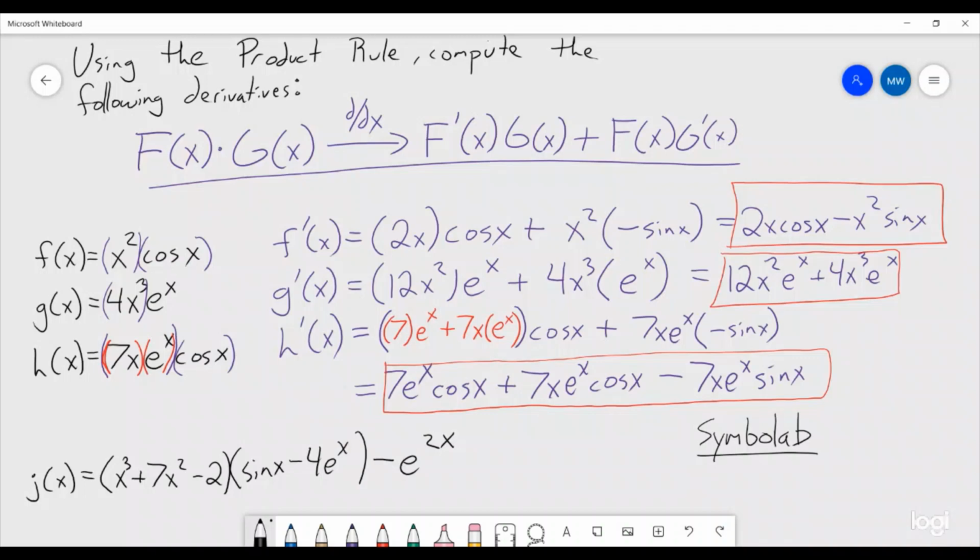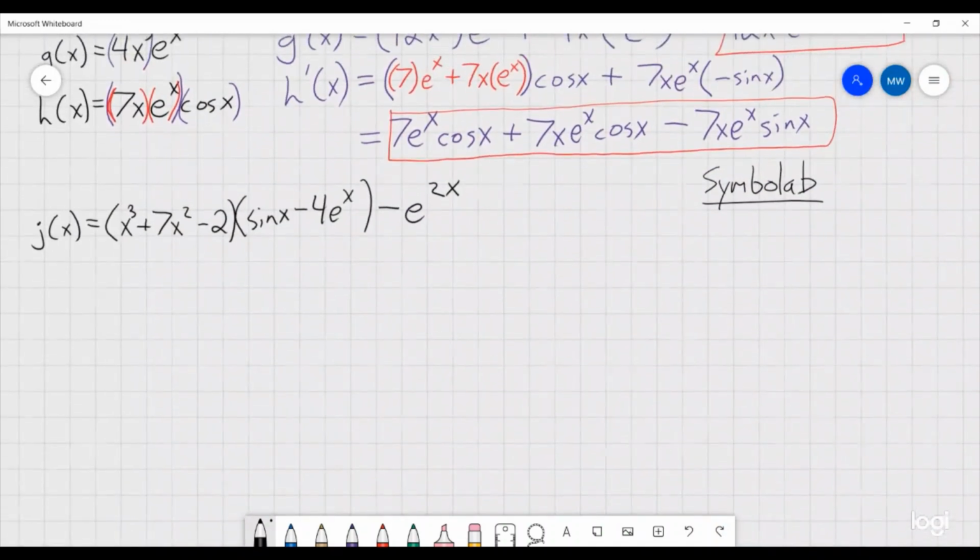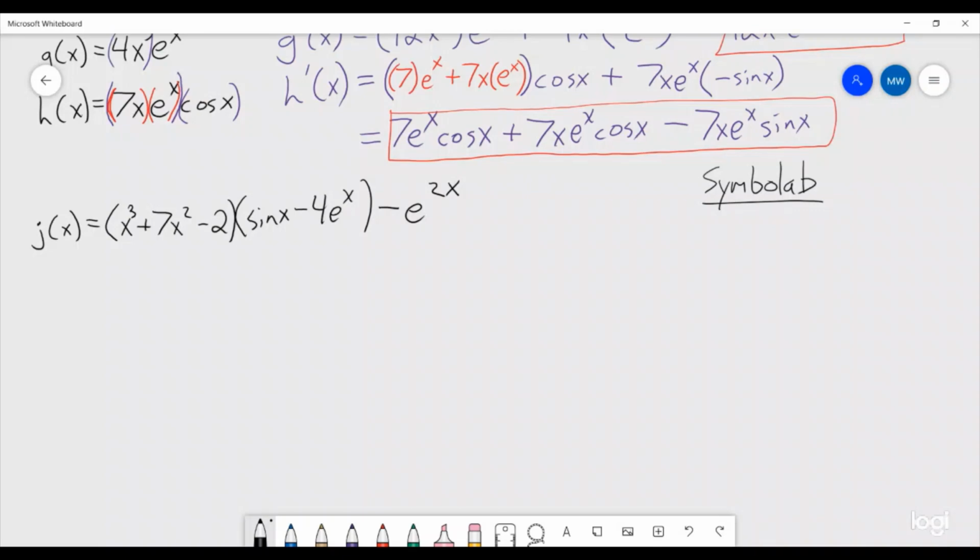Okay, so now let's go on to our last function. Let's figure out how we can take the derivative of this. Well, the first one, we have two functions multiplied together, so that makes it a little bit easier for us to figure out the derivative. So it's going to be the derivative of the first. So x cubed goes to a 3x squared, 7x squared goes to a plus 14x, and then minus 2 goes to a plus 0, so let's not bother writing that down.